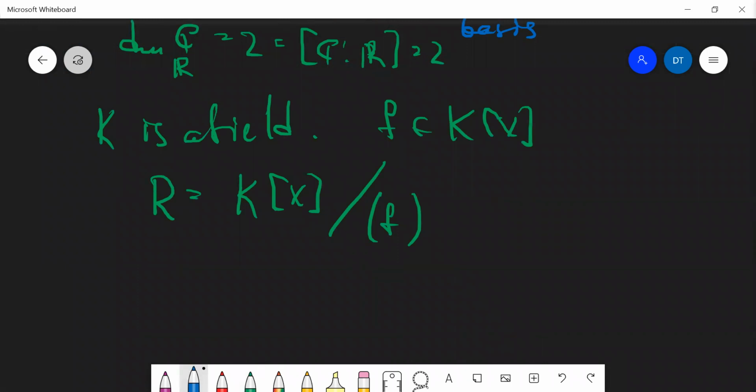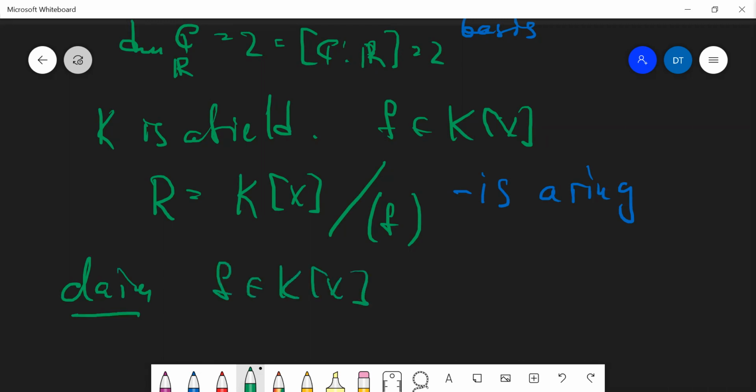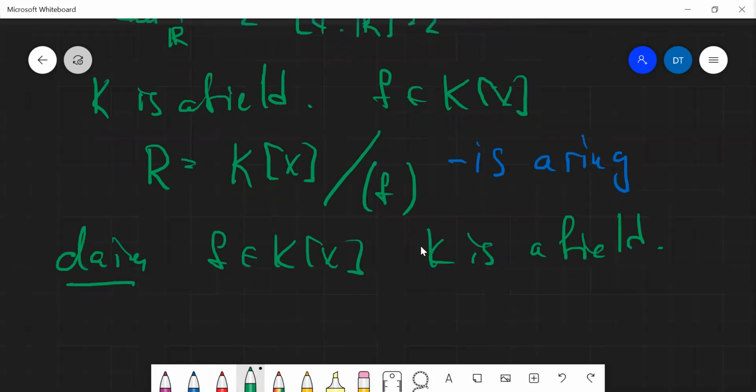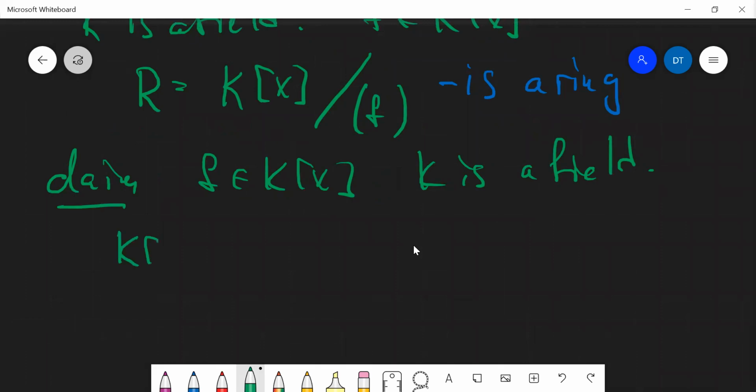We know that this thing is a ring. It's not necessarily a field, but it's always a ring. So an interesting question is when this ring is a field. So let me formulate the claim. If we have a polynomial here and K is a field, then the ring of remainders is a field if and only if f is irreducible.